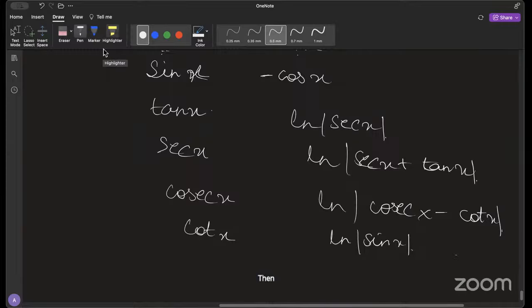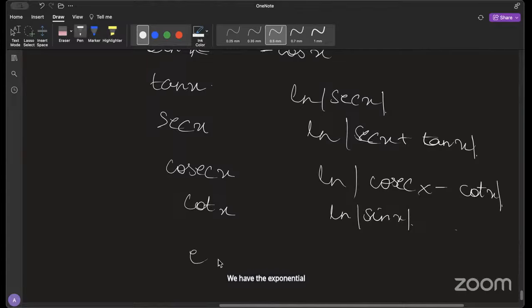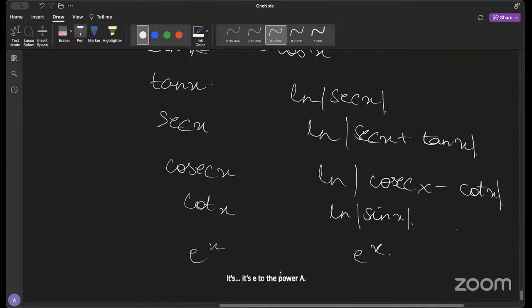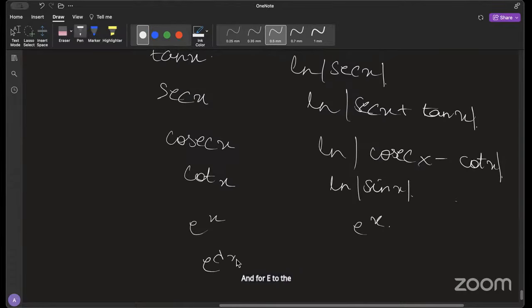Then, do we have any other important functions? We have the exponential functions. For e to the power x, it's e to the power x. For e to the power lambda x, you will have e to the power lambda x by lambda.